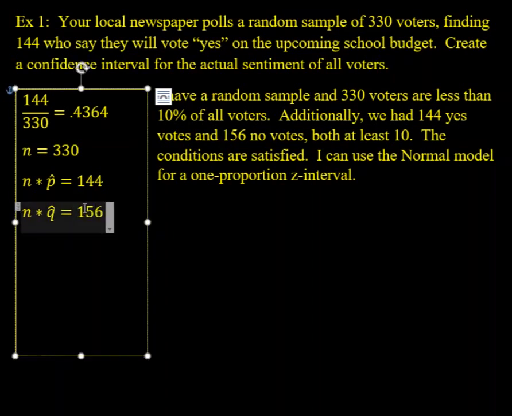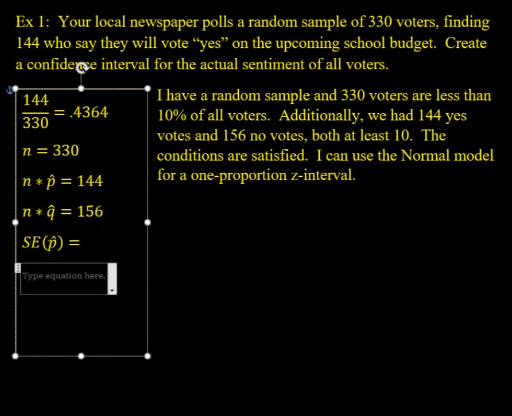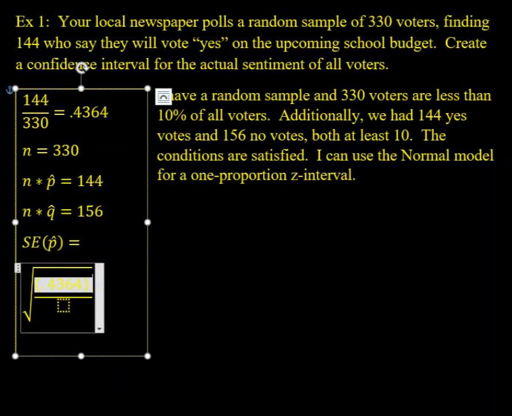So we're going to find the standard error. And this is a standard error because it's from a sample. We don't think it's the true value, but it's from a sample, so we use error instead of standard deviation. So the standard error of p hat will equal the square root of p hat, our sample success probability, times q hat, our sample no probability, which is 0.5636.